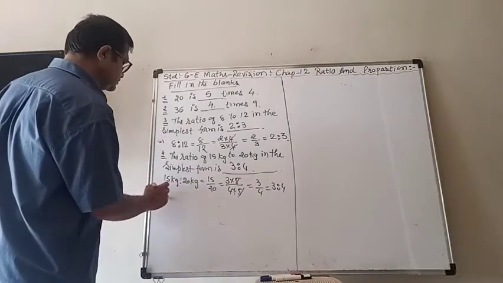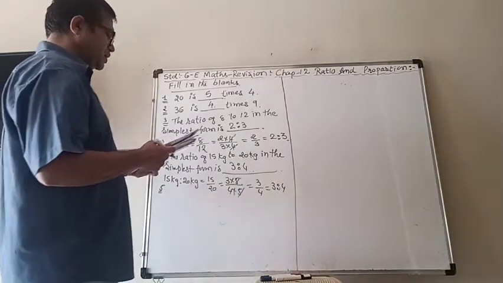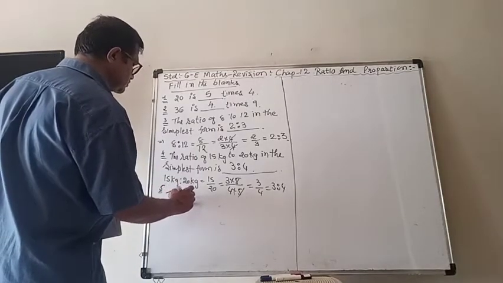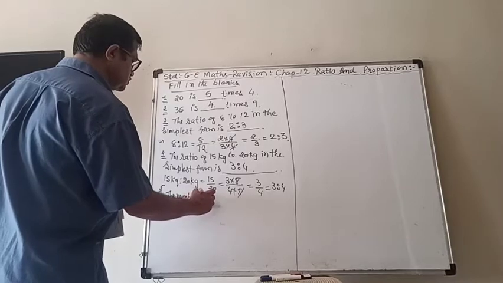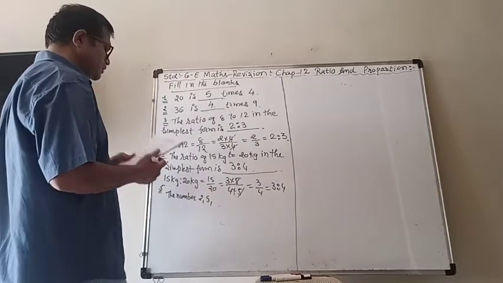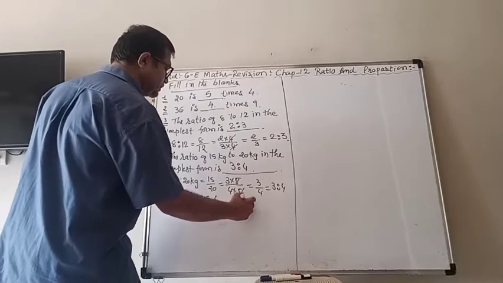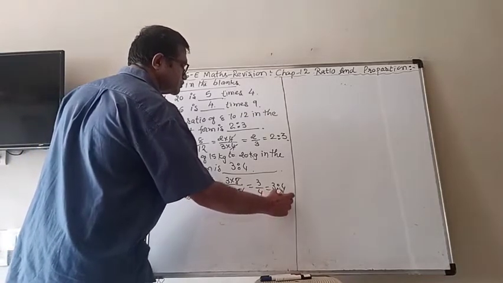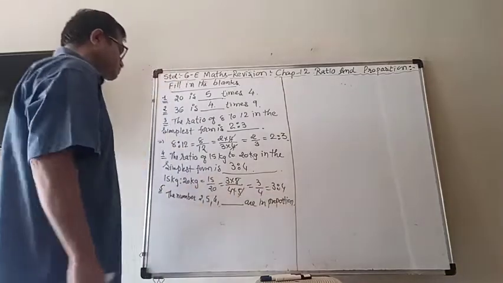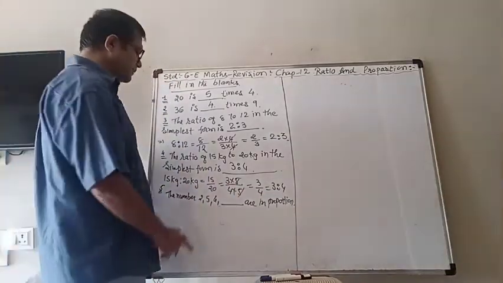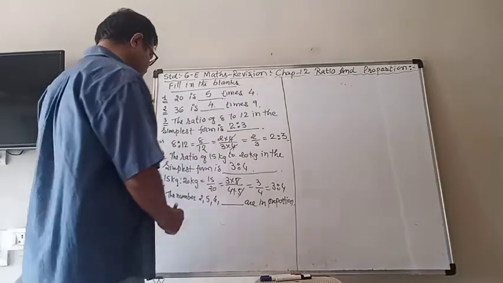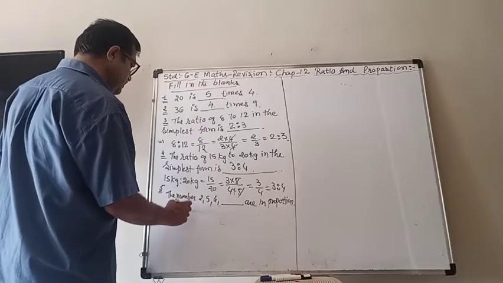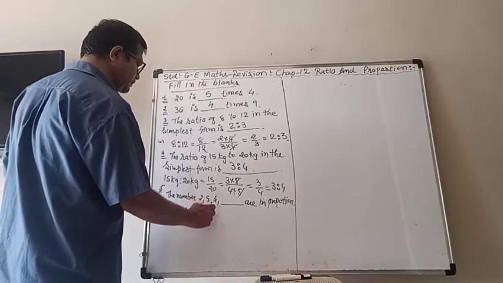Next, the numbers 2, 5, 4, blank are in proportion. So now, a very simple method is that we can take 2, 5, 4 and x are in proportion.